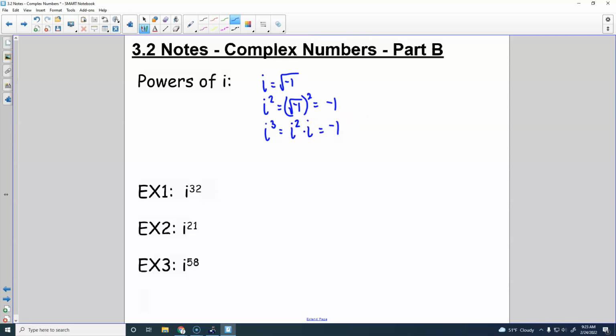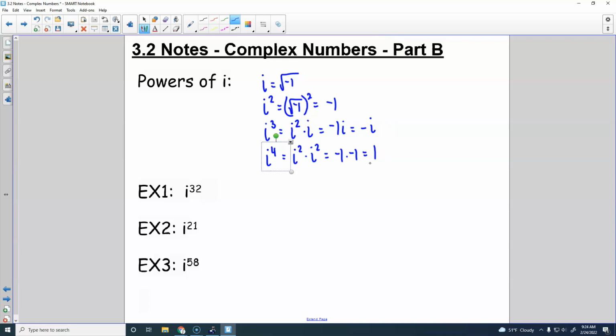Negative 1. So you just get negative i. Let's look at i to the fourth. I could break i to the fourth down into i squared times i squared. Would that be okay? Is it equal? i squared is negative 1. Negative 1 times negative 1 is 1. So i to the fourth is actually just 1.